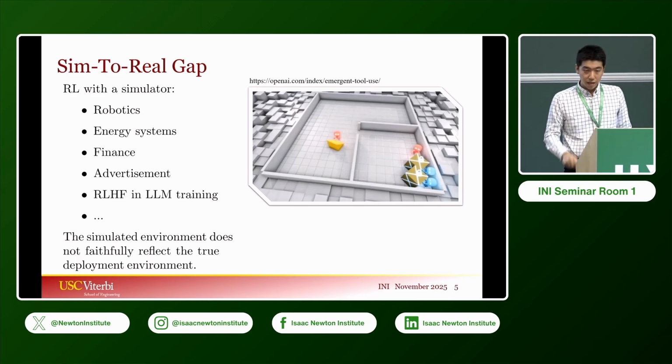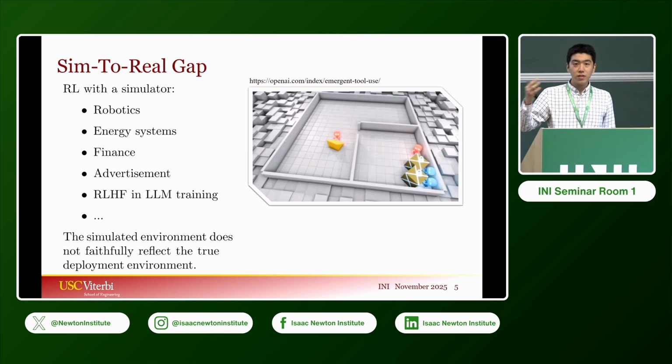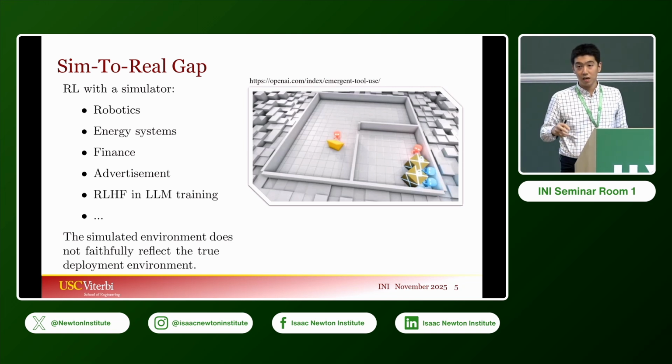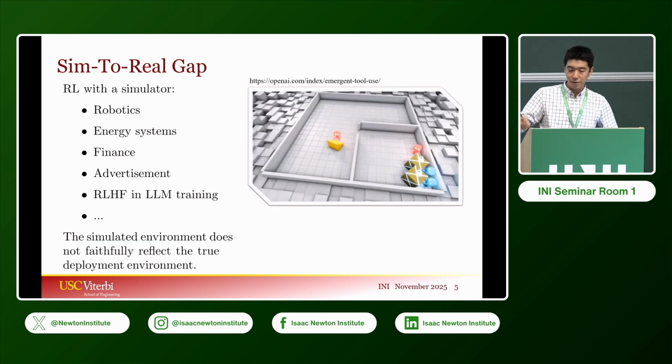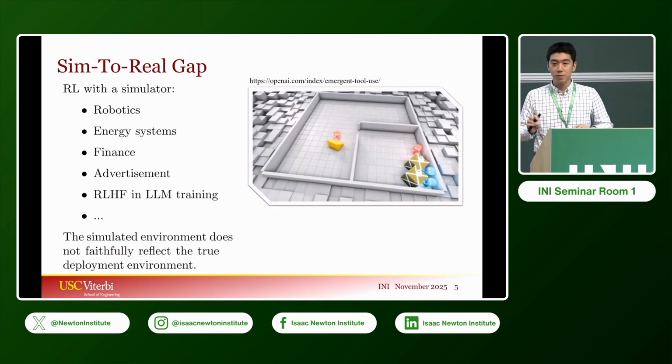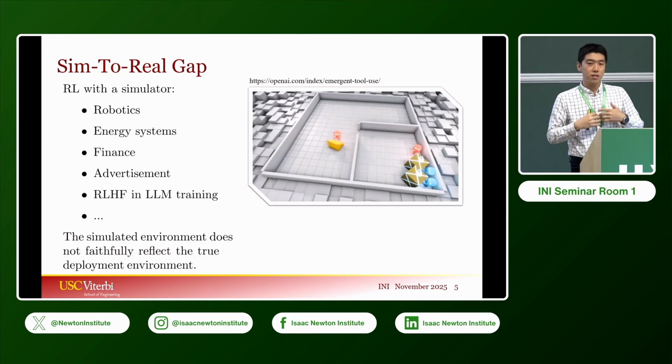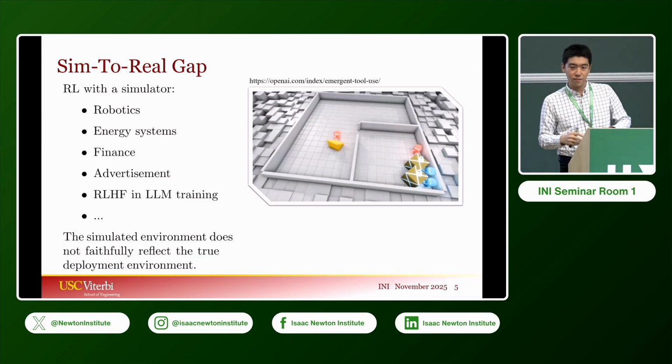The concern there is that the simulated environment might not faithfully represent the properties or structures of the true deployment environment. Hence, there could be some misspecification or mismatch between the deployment environment and your training environment.